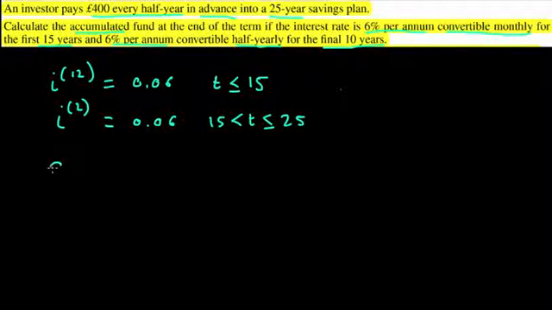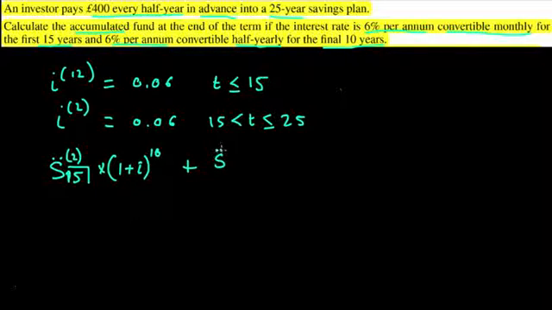We're going to find the series for the first 15 years, convertible every half year, and that'll be at 15 years' time. But to find the future value after 25 years, we're then going to have to multiply that by 1 plus the effective annual rate, 10 years into the future, using this annual effective rate, plus the series due every half year for the final 10 years.